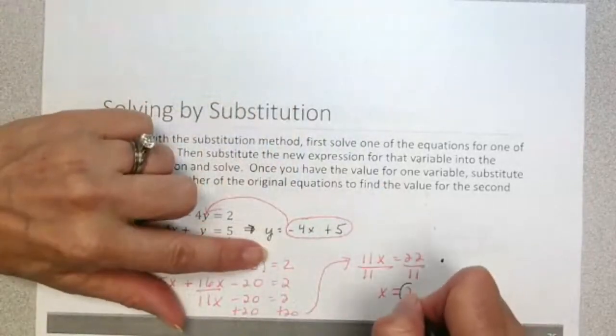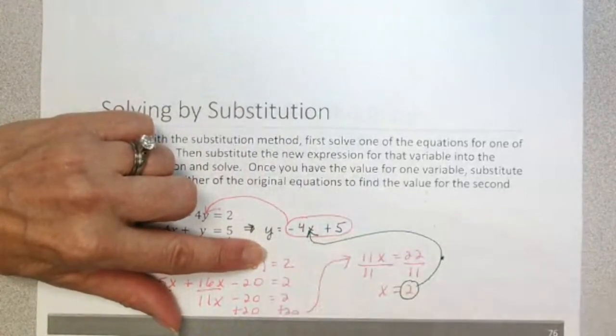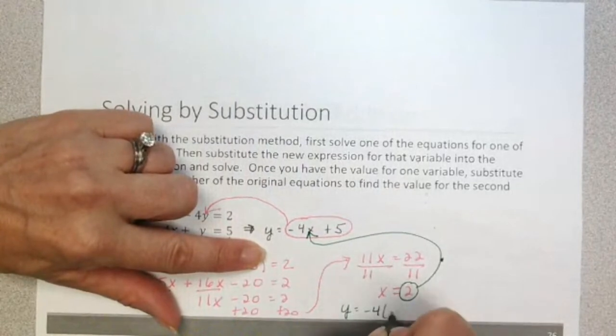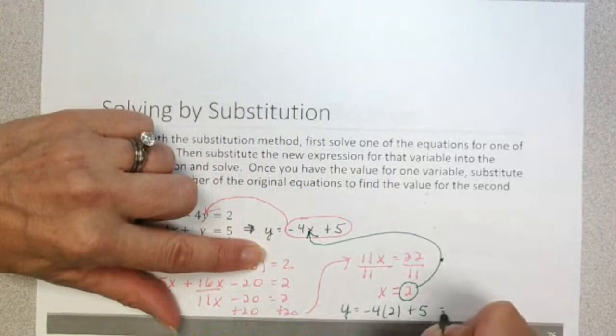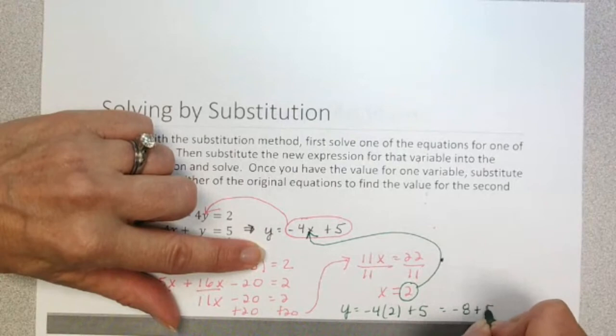I'm going to take this 2 and substitute it in there for x, right? So then y will be equal to -4 times 2 plus 5, which of course is -8 plus 5, or -3.